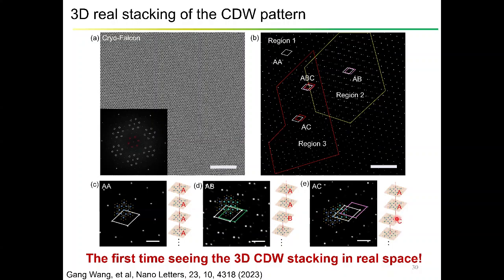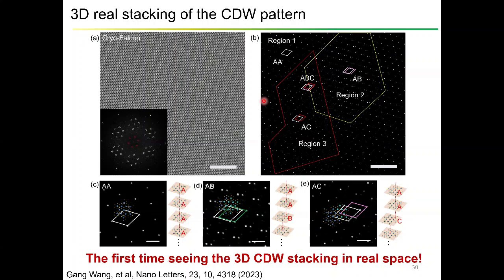Okay, so I think this is also the first time seeing the three-dimensional CDW stacking, the real CDW stacking configuration in real space by using the Cs-corrected cryo-TEM. And we are doing a lot on this kind of quantum materials.